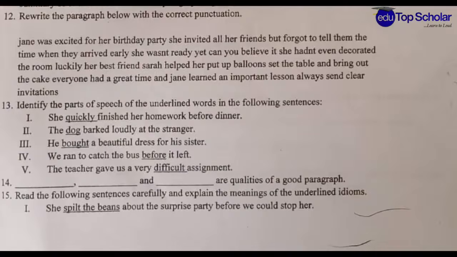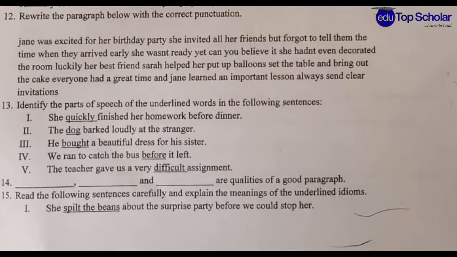She finished it quickly. Then number 2, the dog barked loudly at the stranger. Dog is underlined. Dog is a noun, and it's a common noun. Number 3, he bought a beautiful dress for his sister. Bought is underlined. Bought is an action word. It's a verb.